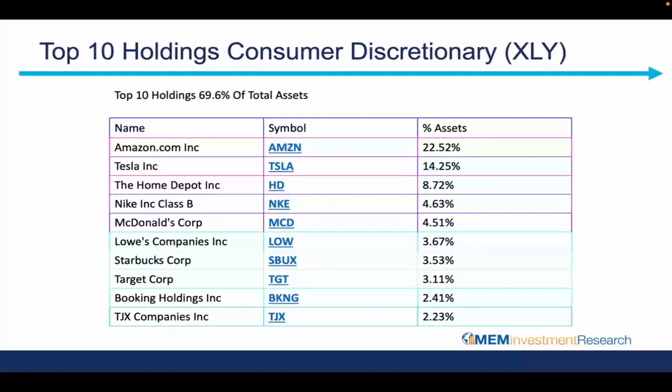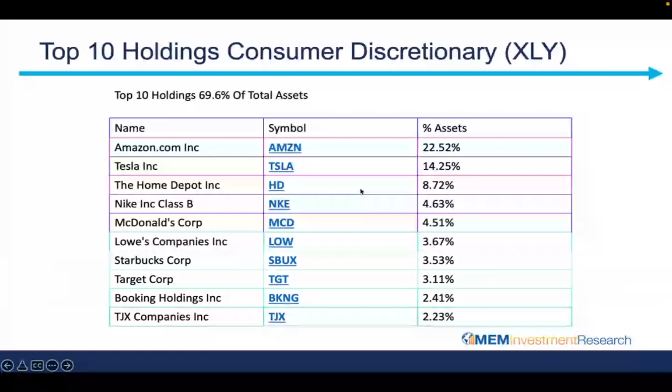But again, let's take a quick look here at those top holdings in the consumer discretionary sector. And straight up here is Amazon and Tesla up here in the forefront. That is a 38 or 36% weighting for XLY. So oftentimes with these stocks, so too will the sector go.